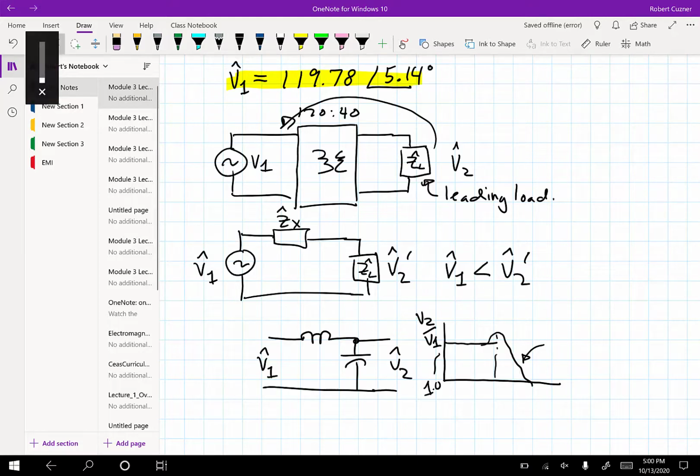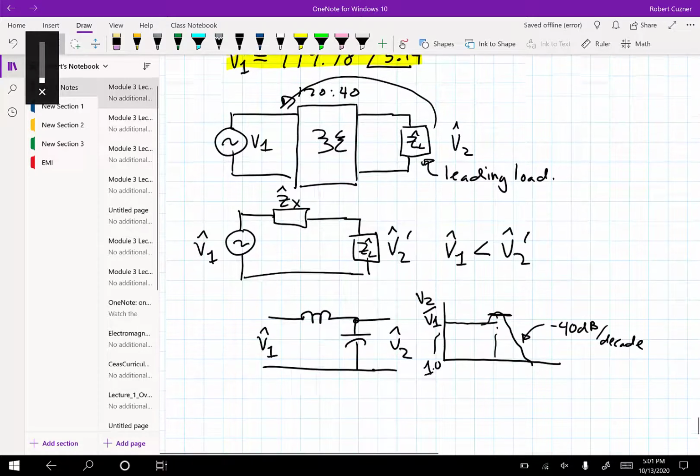I'm not going to get into log because this is really minus 40 dB per decade, but this is not part of the class. Anyway, at this point, V2 is higher than V1. That could be what's going on right here.